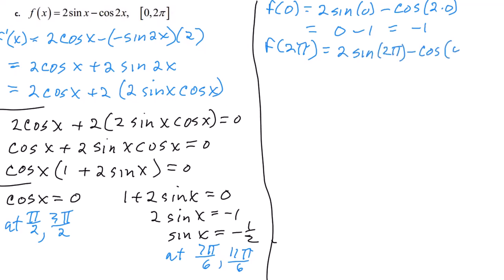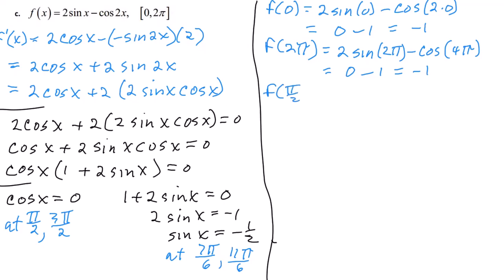Now notice out here I put cosine of 4 pi because it's 2 times whatever that x value is. I'm getting -1. Now I have to take each one of those 4 critical numbers and evaluate f at those.